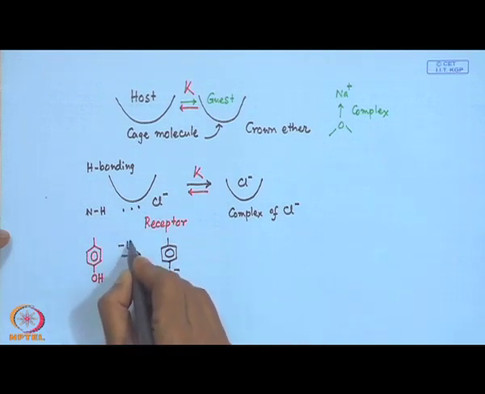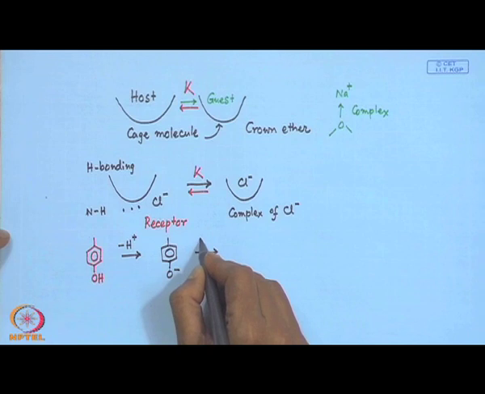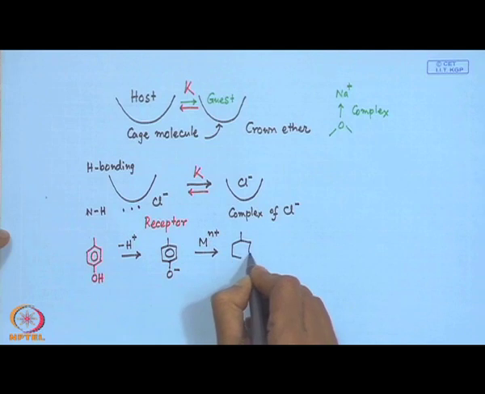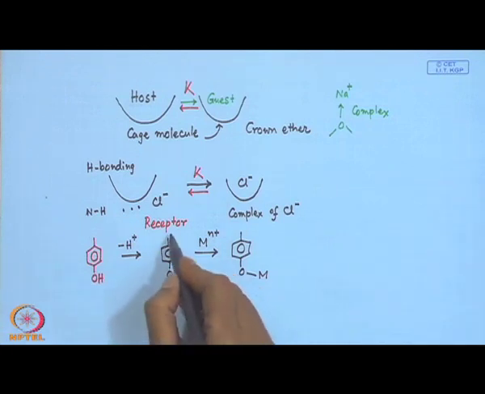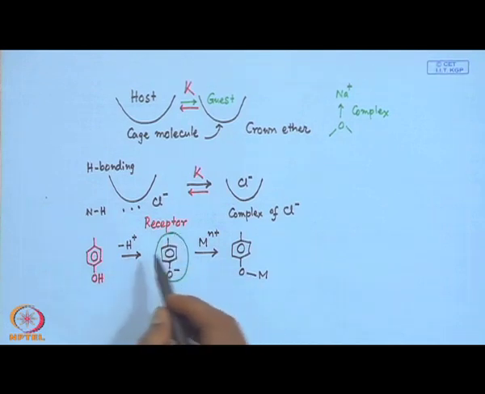So, after removal of H+, it gives us the corresponding anion, and then it binds the metal ion center in this form. This species at the central part, the phenoxide ion, will have the competitive tendency to bind M^n+ or H+.